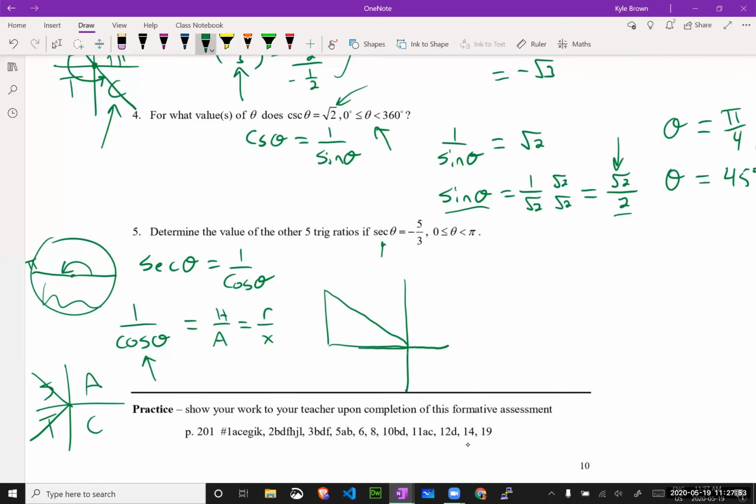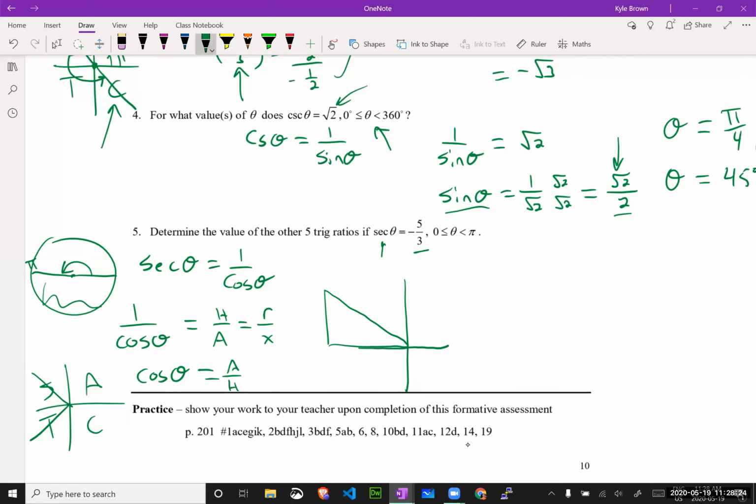And looking at this ratio, right? Well, here, let's put the numbers in for the last one there. So 1 over cos theta is equal to r over x. Oh, sorry, let's figure out what cos is. I think that'll make more sense. So let's say cosine theta is equal to adjacent over hypotenuse, which is like x over r.